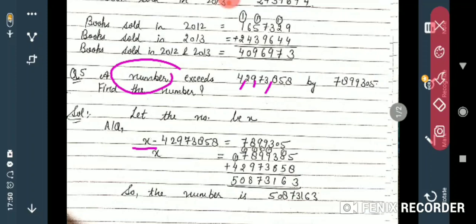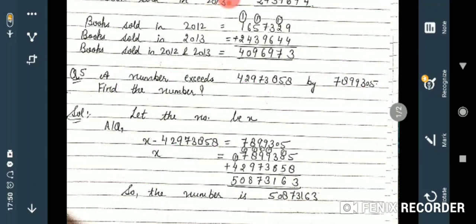So x minus 4,29,73,858, by this much, 78,99,305. So how will you write? x minus this equals this.